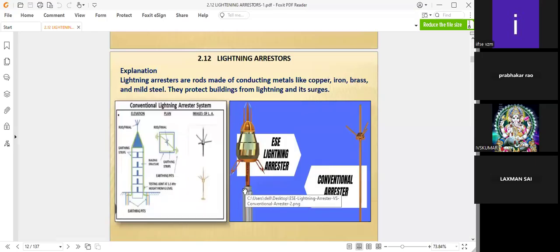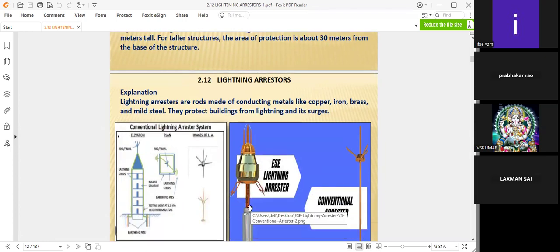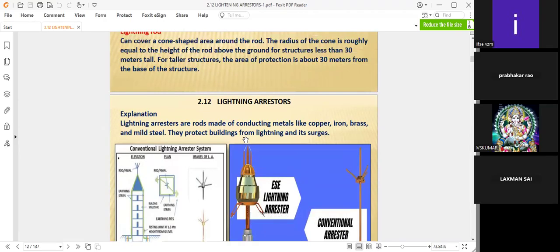For example, if the rod is 10 meters tall, the radius of the cone is roughly equal to the length of the rod, so a 10 meters radius will work well.